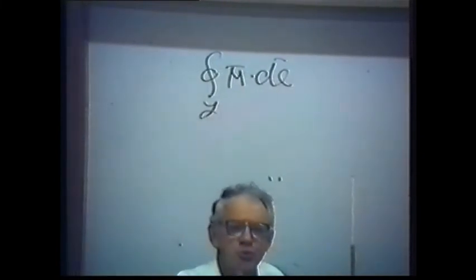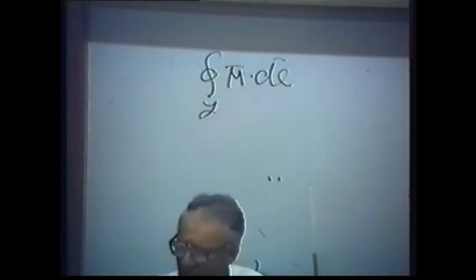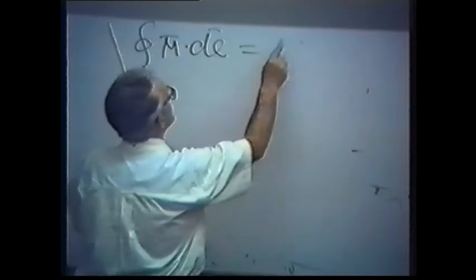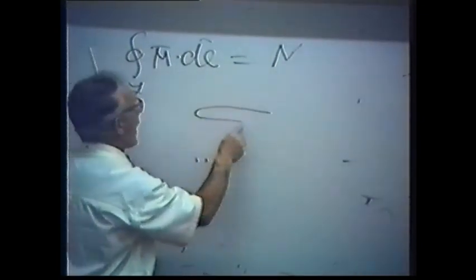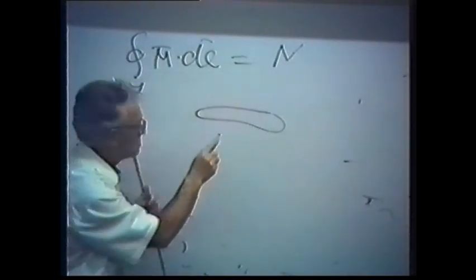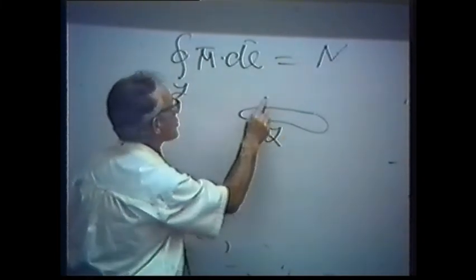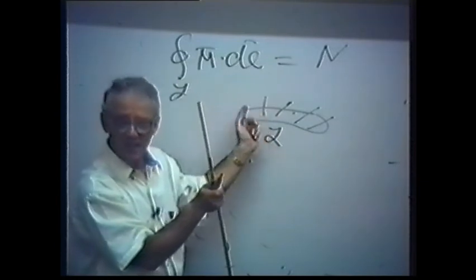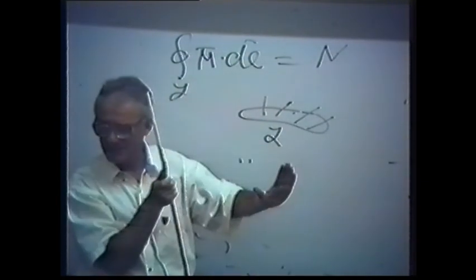Nature does not know a third type. Only sources and vortexes, that's it. Now, it gives you the number of vortexes which are going through the surface surrounded by the contour. Clear?